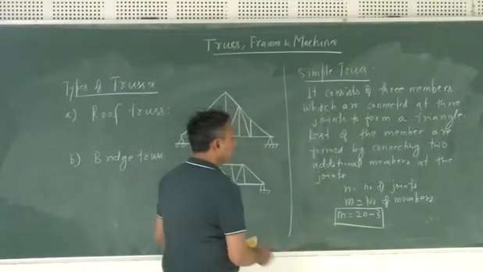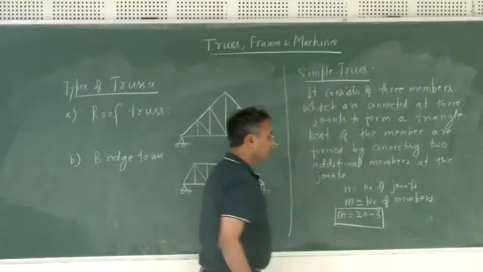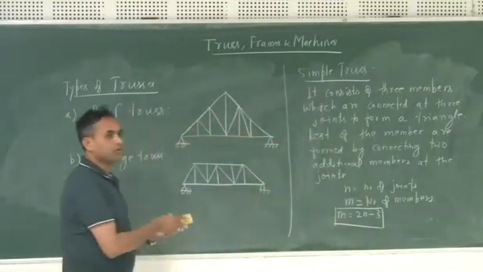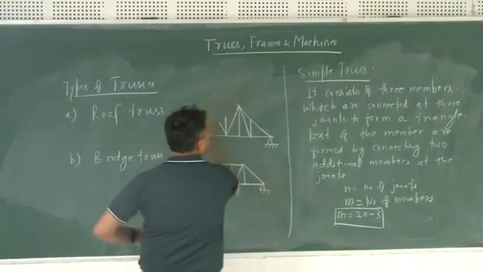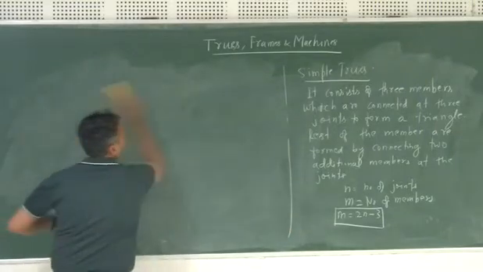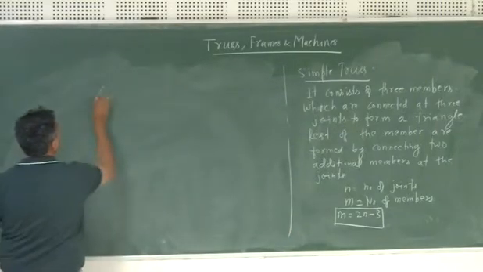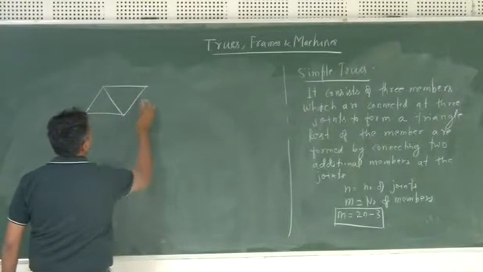Here n is the number of joints, and in the case of a truss we call each member a two force member, so m is the number of two force members.